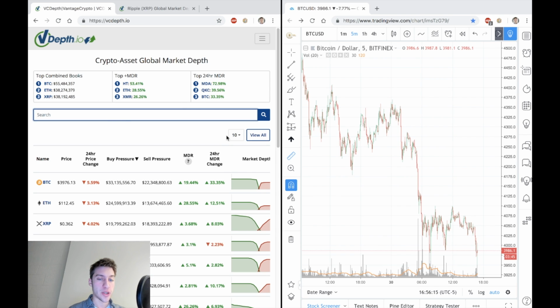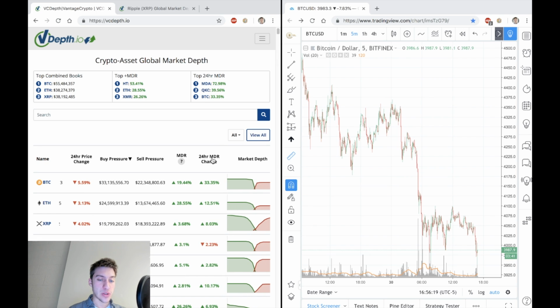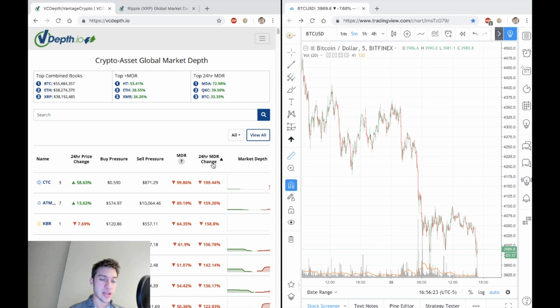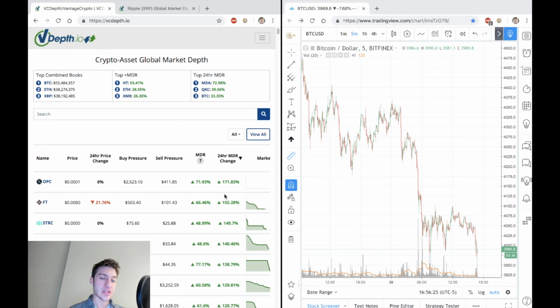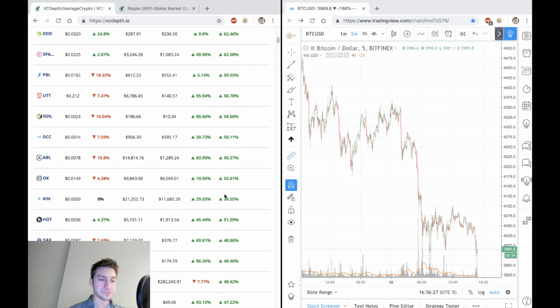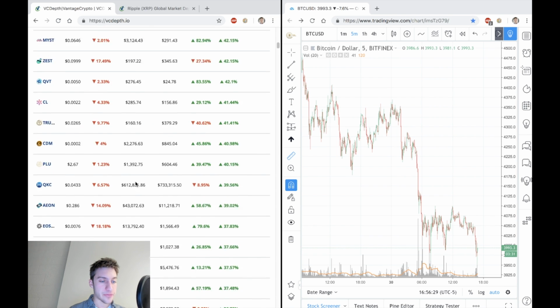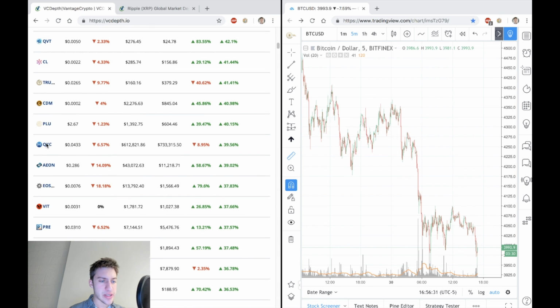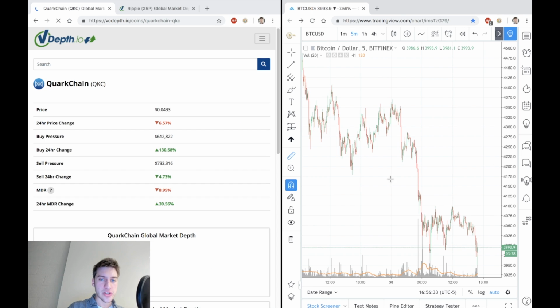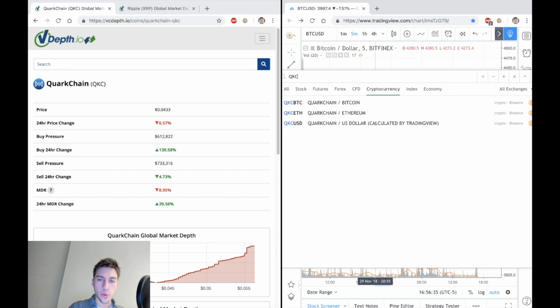And you can search whatever coin you want, or view all at the same time. What I like to do is click the 24-hour MDR change and look at what coins have recently gotten a lot of bids coming in. Look at a few of these here, like QKC, which is what I made a trade on with this data before.